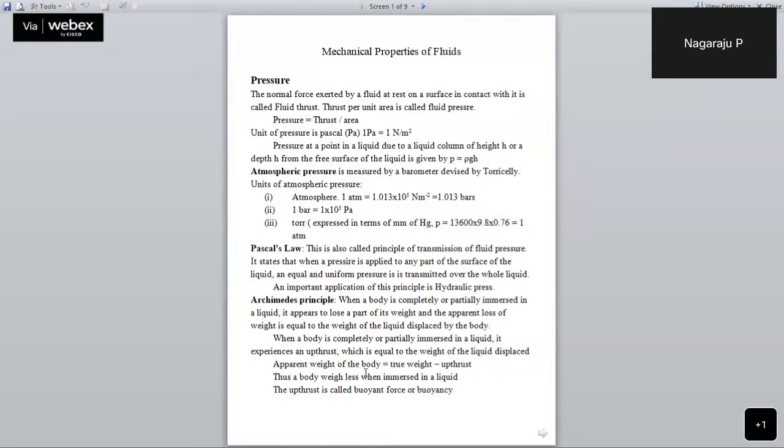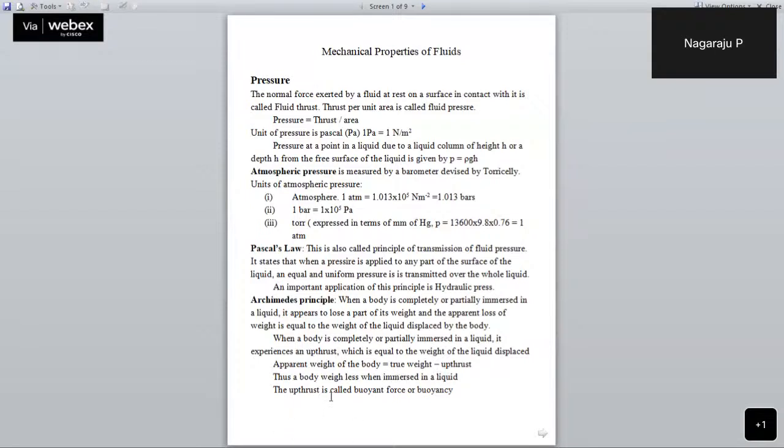Thus, the apparent weight of the body is equal to true weight minus upthrust. So what do we mean by true weight? The true weight is nothing but the weight of that body in air. And upthrust, if you find out the weight in any liquid, not necessarily water, any liquid you can take, but usually we take water because it is easily available to us rather than any other liquid. And thus, a body weighs less when immersed in a liquid.